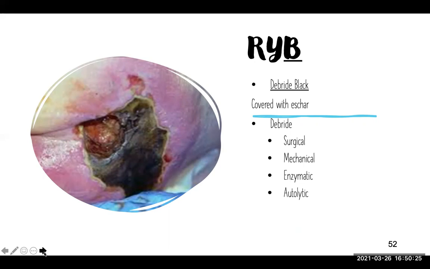So we need to protect it from that by applying a skin barrier. Autolytic debridement, we've talked about, is when we allow the body's natural immune system to break down the dead tissue by applying a dressing and leaving it intact, and it will eventually start to break it down.